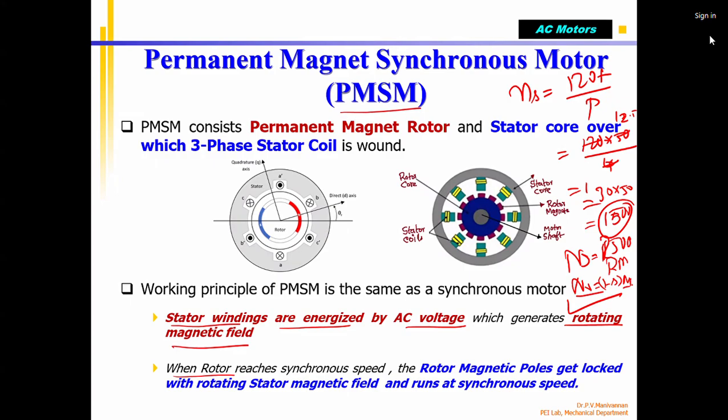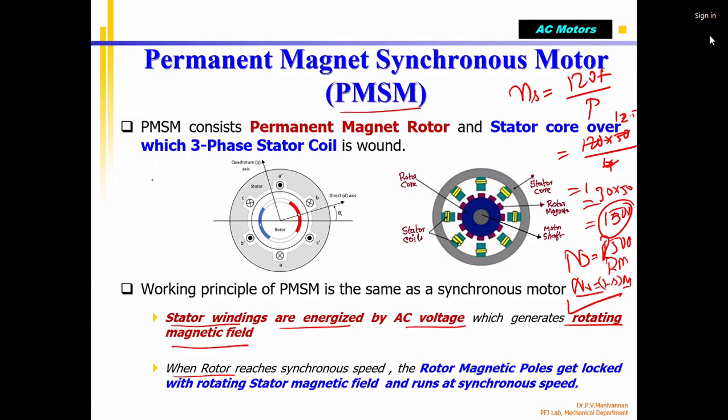Now, even in the synchronous motor, first you have to rotate the rotor magnet. Even after giving the DC voltage, you have to rotate the rotor so that the speed is close to synchronous speed. The rotor is mechanically rotated such that it aligns with the stator magnetic field.